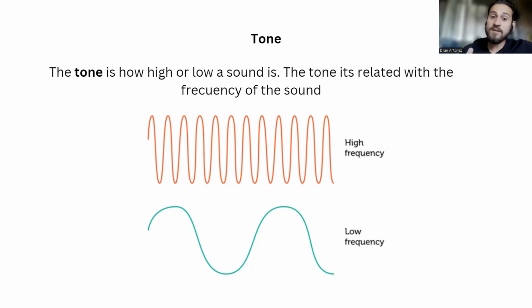Tone. The tone is how high or low a sound is. The tone is related to the frequency of the sound. If the sound has a high frequency, it means that it has a lot of cycles of the wave.